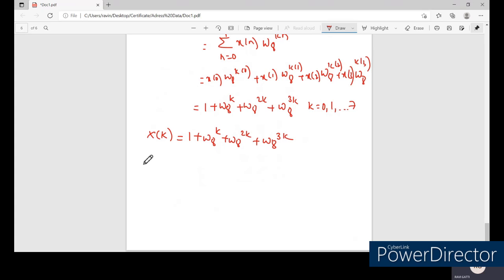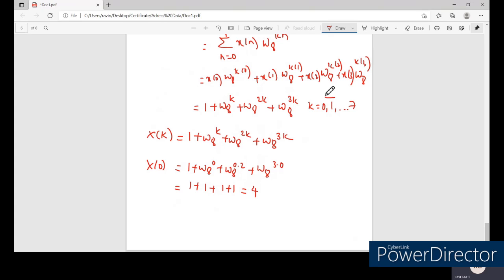Substitute k equal to 0: 1 plus omega 8 to the power of 0 plus omega 8 to the power of 0 into 2 plus omega 8 to the power of 3 into 0. Since omega 8 to the power 0 is 1, it is 1 plus 1 plus 1 plus 1, so X of 0 is equal to 4. So now let us solve for the next one.